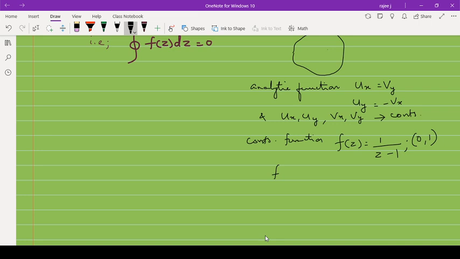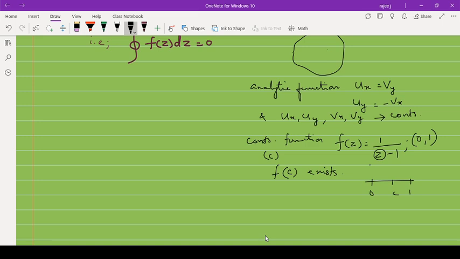Suppose I am taking a value between 0 and 1. Say C is a value between 0 and 1. So 0 is here, 1 is here, and C is a value between 0 and 1. Then f of z is continuous at C if f of c exists. Now if you take any value between 0 and 1, say 1 by 2, and put that value for z, it is 1 upon 1 by 2 minus 1, so you will get a value.